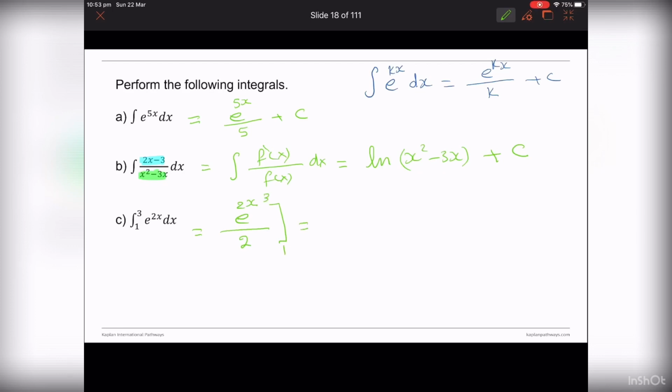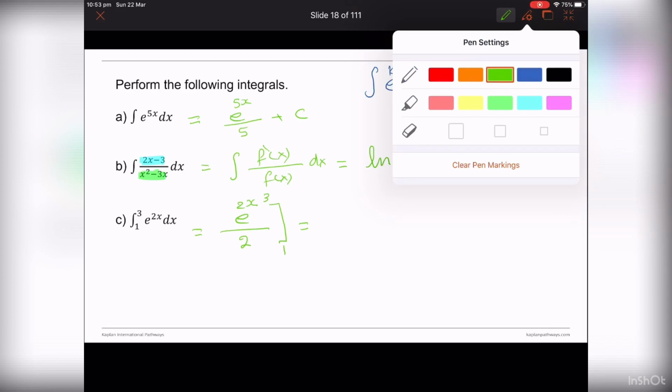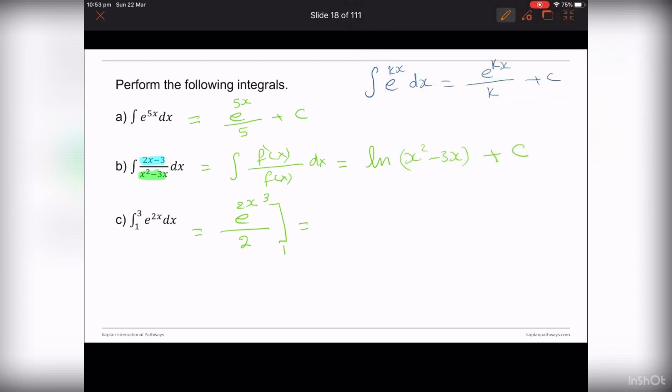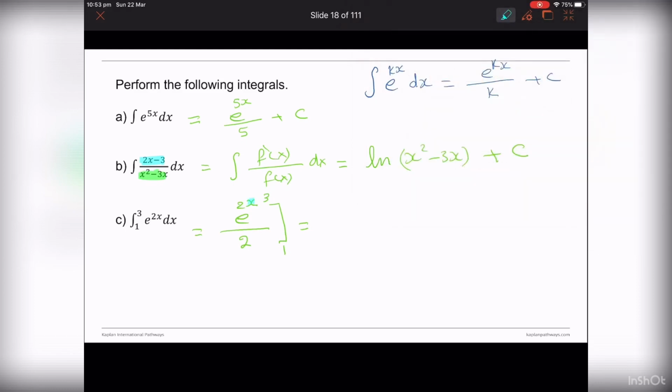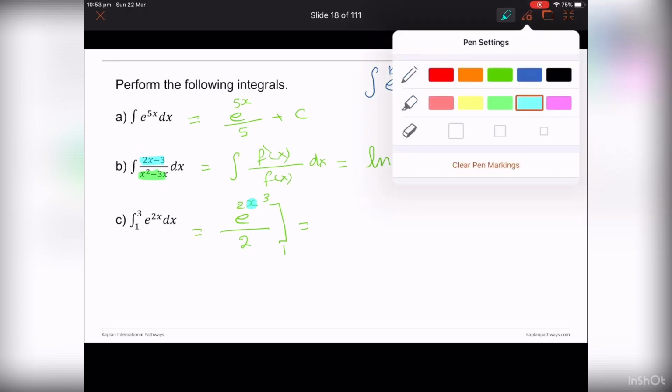And now what we will do is substitute the value of each x by the numbers 3 and 1. I'll show you now. Well, you already know this anyway, but just in case.